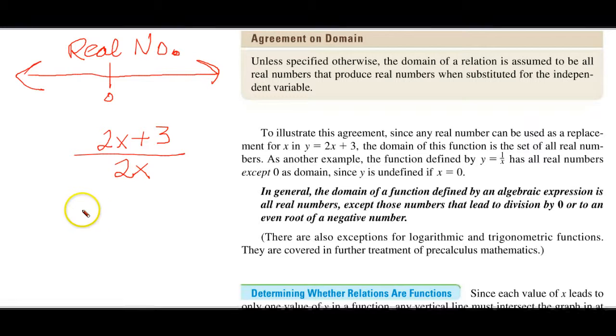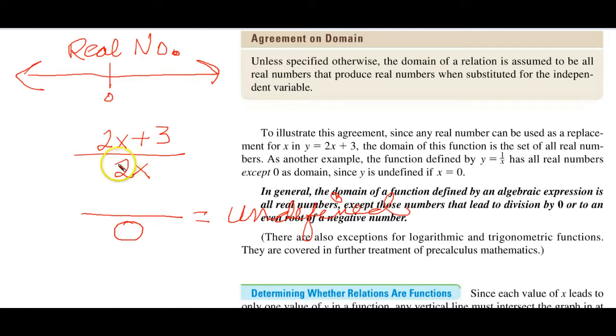Well, we have to keep in mind here, and that's what they're referring to in agreement on domain, that we can never have a 0 for a denominator, because that's not in a real number system. We say anything with a 0 for the denominator is undefined.